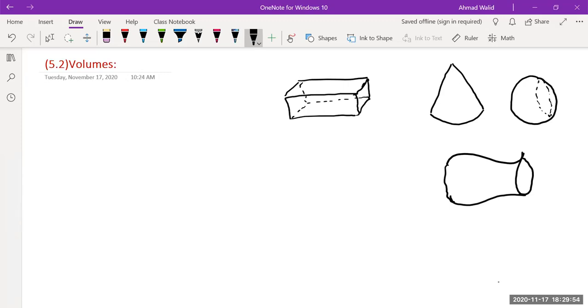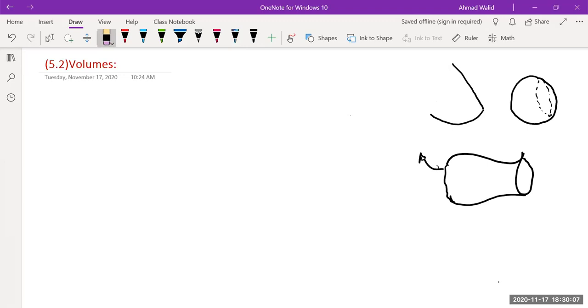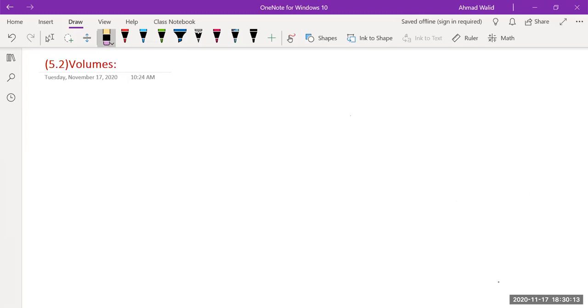Then calculus gets involved to find these values for you. That's why you're studying calculus. Now, I'm erasing all of these because we don't need them, and I will start how to find the volume of these kinds of shapes, which we don't have a formula in geometry for.